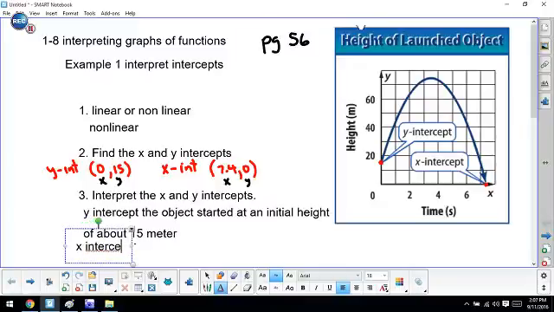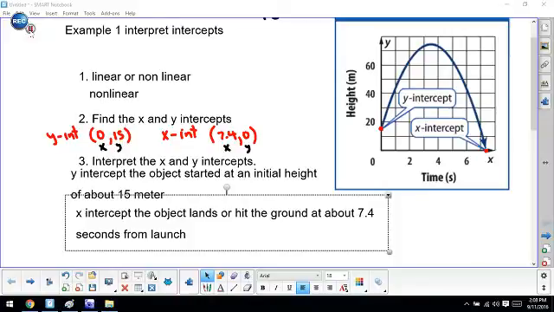So the x-intercept means that if and when the object is launched in the air, it hits the ground or lands at about 7.4 seconds from launch. All right? So this was the x-intercept. When it started at this point, it went up, and maybe the person threw it, or maybe it's actually a small rocket, launched up, and it took about 7.4 seconds to actually land from the time it launched.